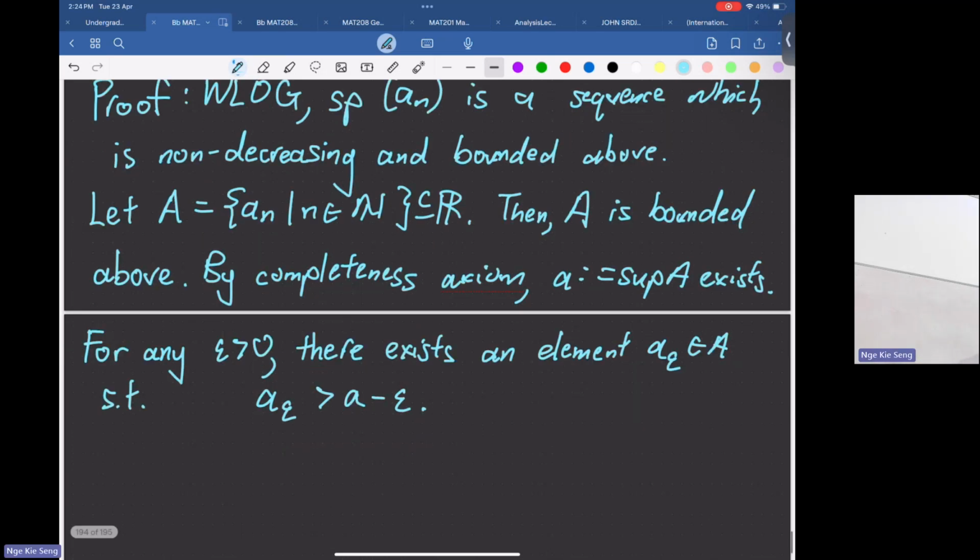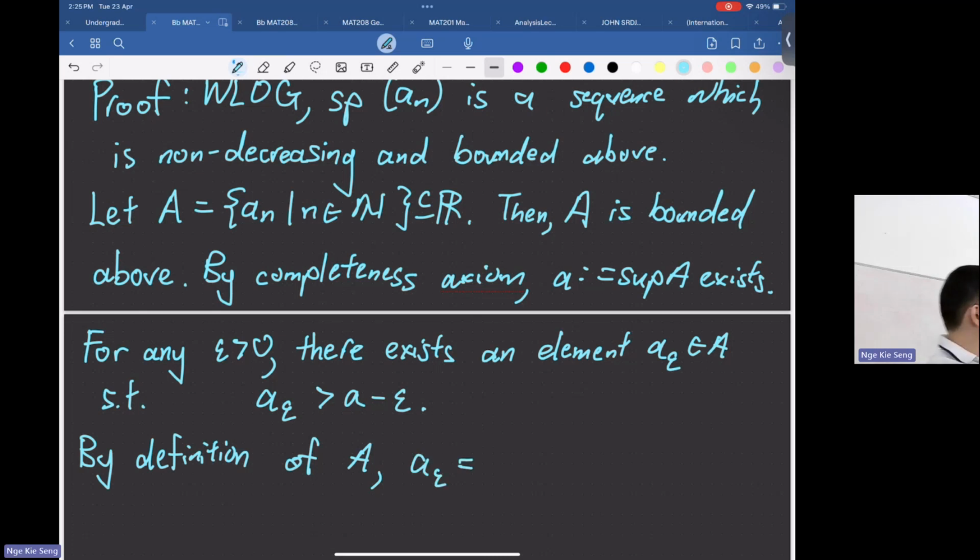I'm using this epsilon to find my capital N. By definition, this term is in A, and everything in A is realized by some n. You can write it as a_n for some n.